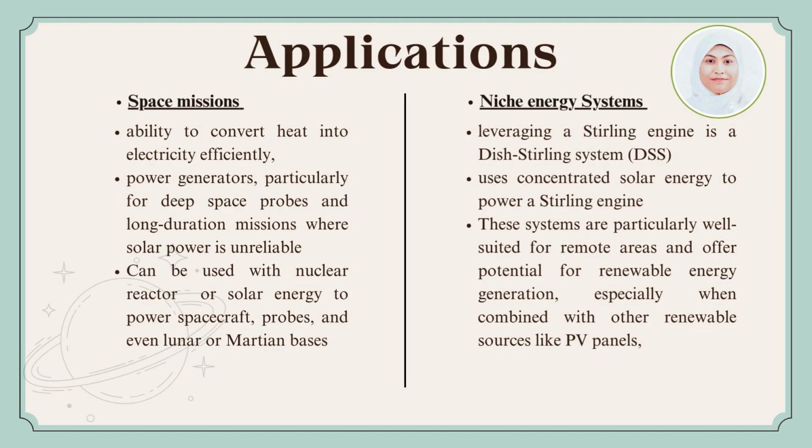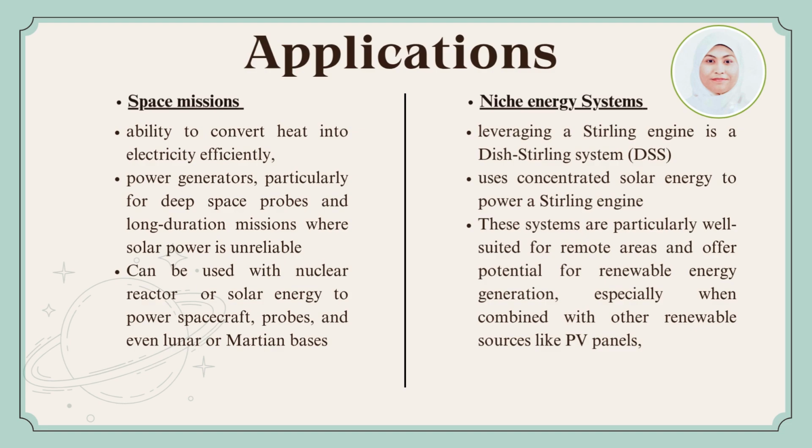It can also be used with nuclear reactors or solar energy to power spacecraft, probes, and even lunar or Martian bases. Picture this: a probe orbiting Pluto, too far for solar panels. A Stirling engine paired with a nuclear heat source delivers decades of uninterrupted power, no pit stops required.